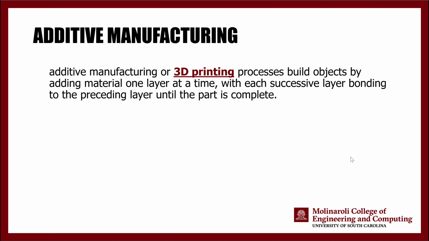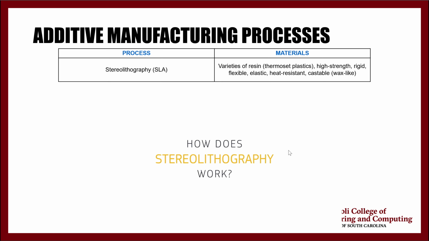The material of these layers must be a type of material that can bond to the previous layer. That's why in our lab we actually use PLA. We melt that plastic and then put another layer on top of it while it is still a bit hot and can bond to the other plastic. So it has different processes.